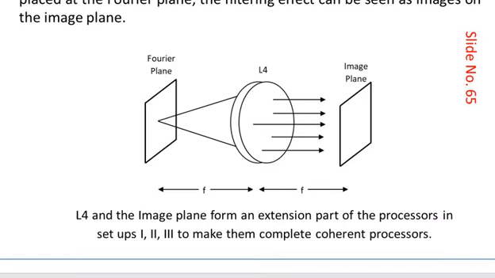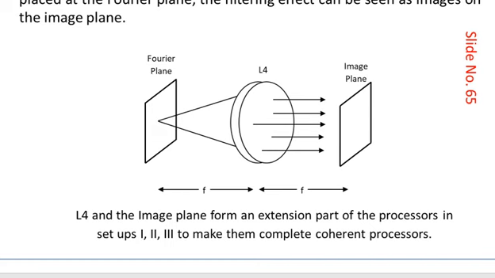So you see that we have the van der Rohe filter, that is the FTH, the Fourier transform hologram, that we have placed over here. You know that we can place any other object in the processors 1, 2 and 3, because we are using this as an extension to those processors, that is, to scheme 1, scheme 2 and scheme 3, the coherent processors.